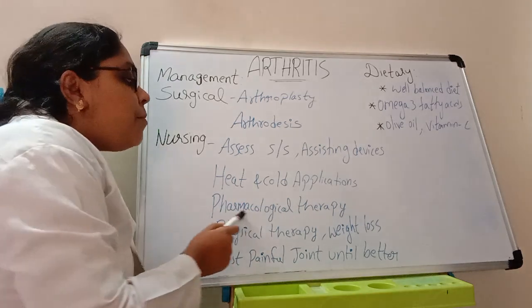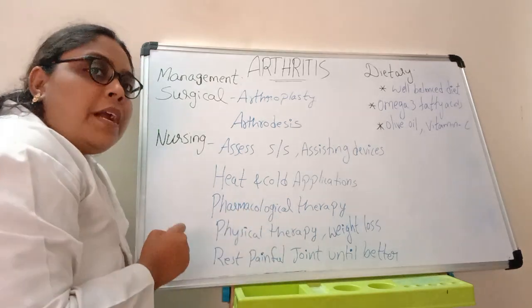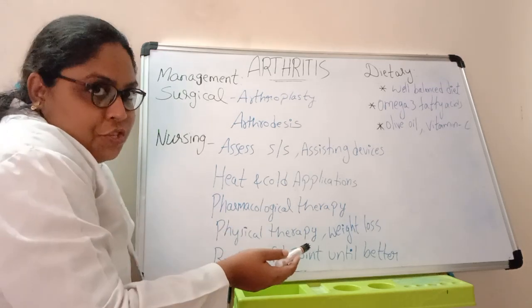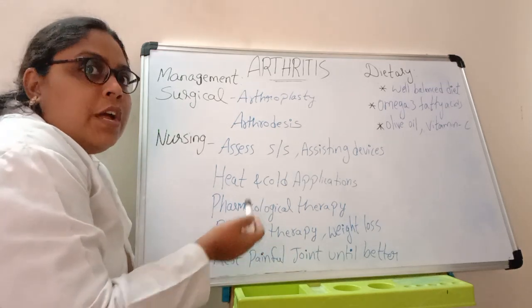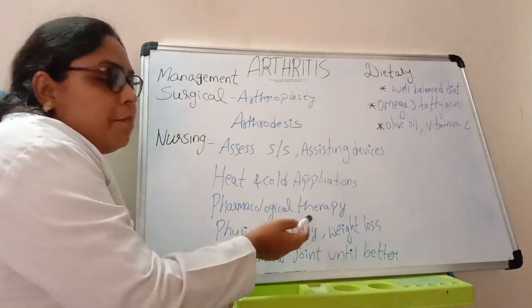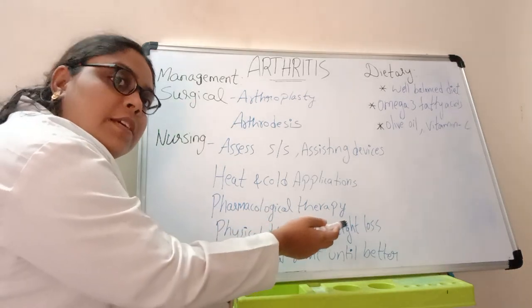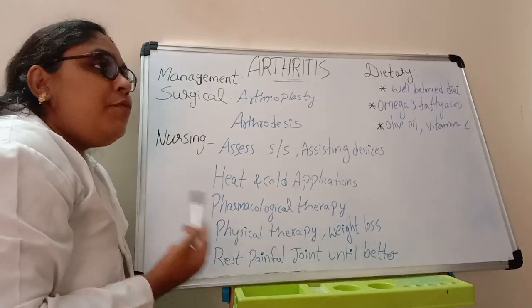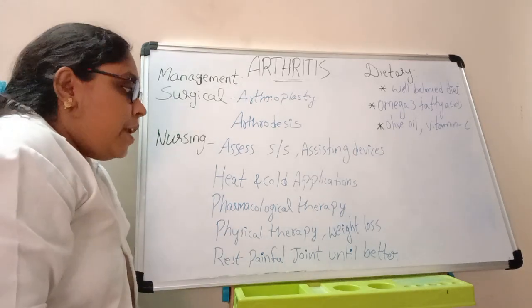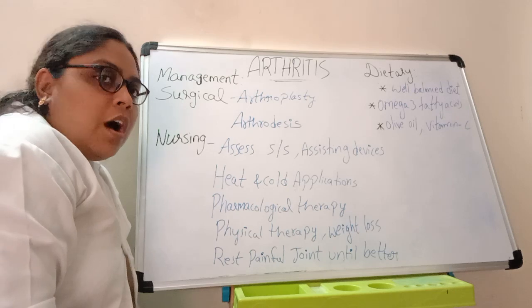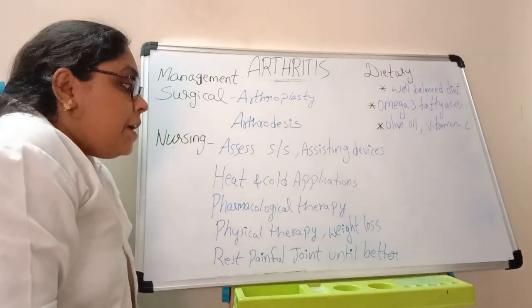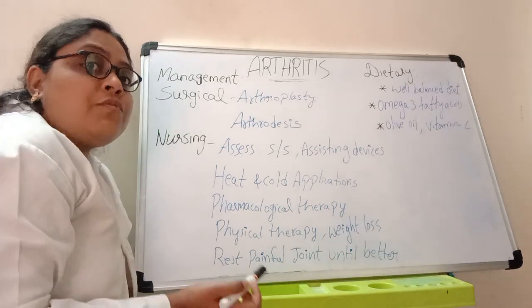And next, pharmacological therapy. Nothing but administering the medications given by the physician. So timely you have to explain and make them use the drugs timely and correctly. And next thing is physical therapy. You have to encourage them to go for exercises, yoga, and especially water aerobics, and encourage them to go for swimming.